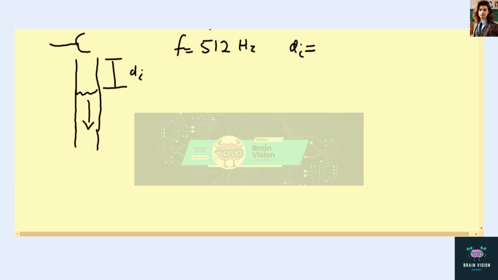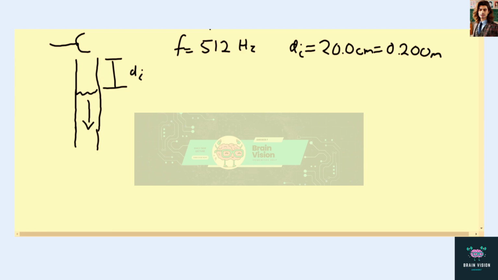And like I said, the initial distance between the open end of the tube and the water is 20.0 centimeters, or 0.200 meters.